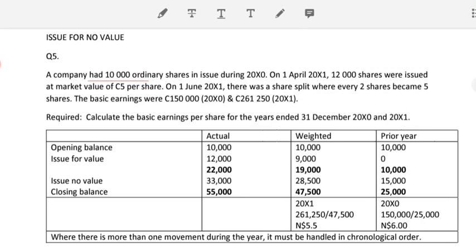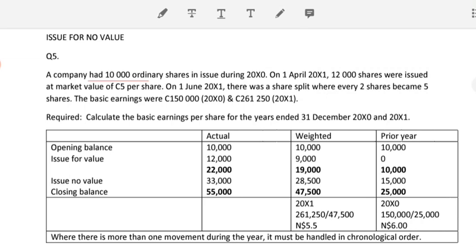We have an issue for value, which is the 12,000 that we issued in April, and in the weighted there is written 9. Why do we write it as 9? Because it has only been in use for 9 months, since that capital was brought into use on the 1st of April.